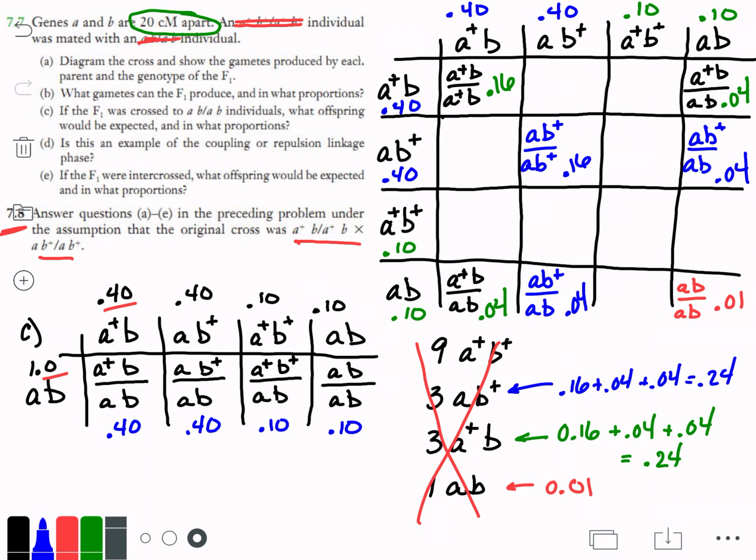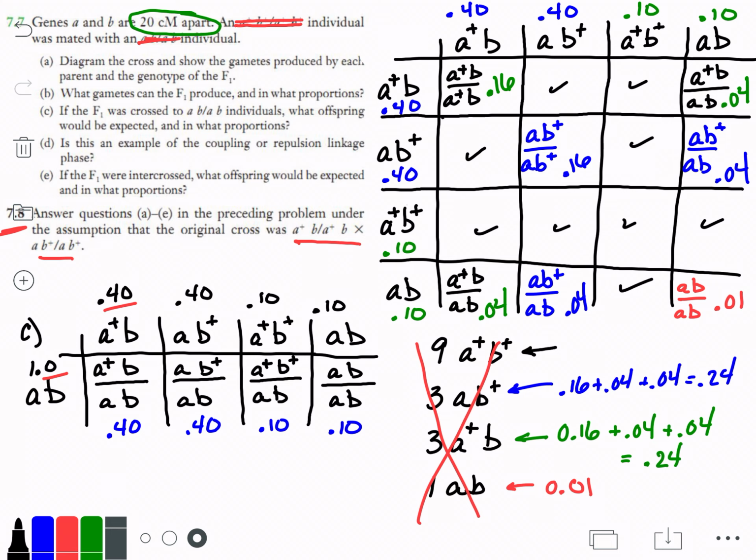And then lastly, the other 9 boxes that I'm missing. So 1, 2, 3, 4, 5, 6, 7, 8, 9. Those are all going to be doubly dominant phenotypes. I can go through and calculate the percentage for each one based on taking the percent from the top times the percent from the side for each box.